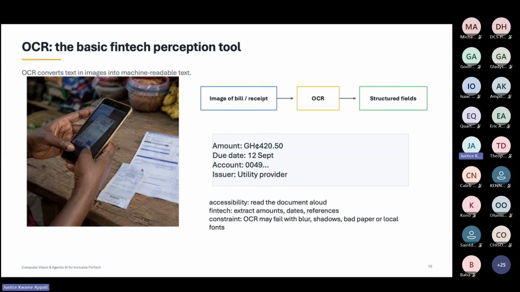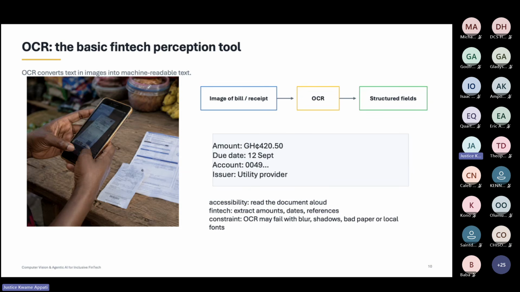Okay, so here is the whole procedure I've already explained to you in the previous section. We take the bill or the receipt, pull out all the characters. When we are done, we structure it.